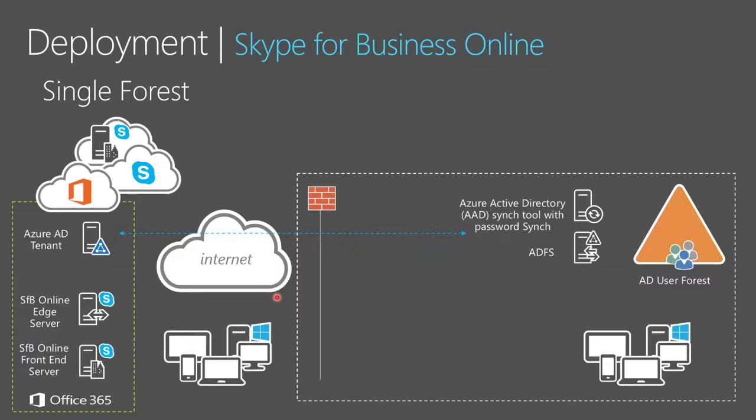So the idea is I don't have anything in my on-premises environment. The only thing I have is users. This is where you really need to understand the impact on your internet connection and on your infrastructure. Whenever I bring a Skype for Business user onto my network, I immediately have a big change.